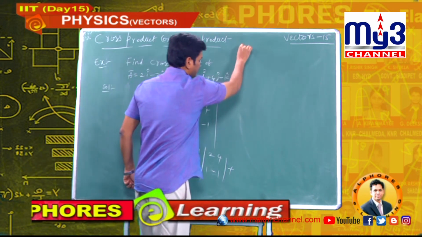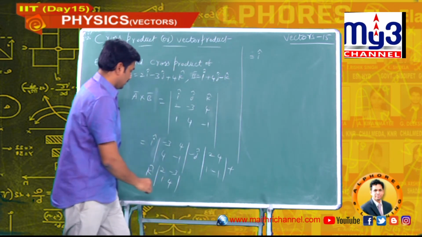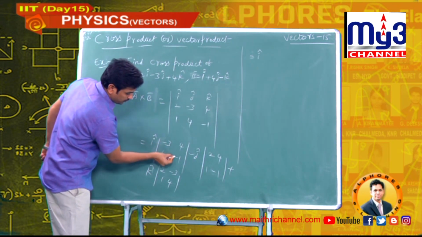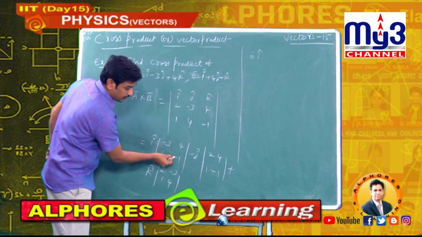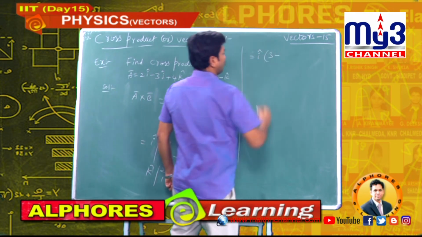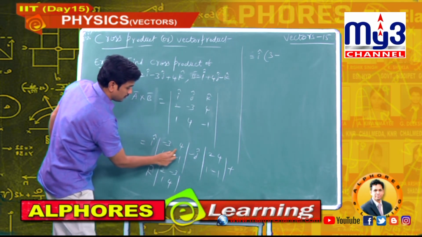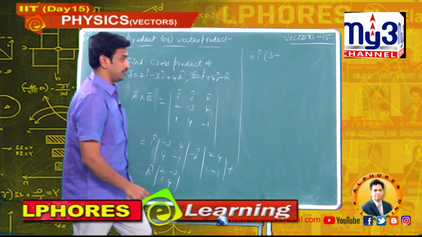Now i cap: first multiply these two, minus 3 into minus 1 is plus 3. After multiplying these two terms, minus 4 fours are 16.